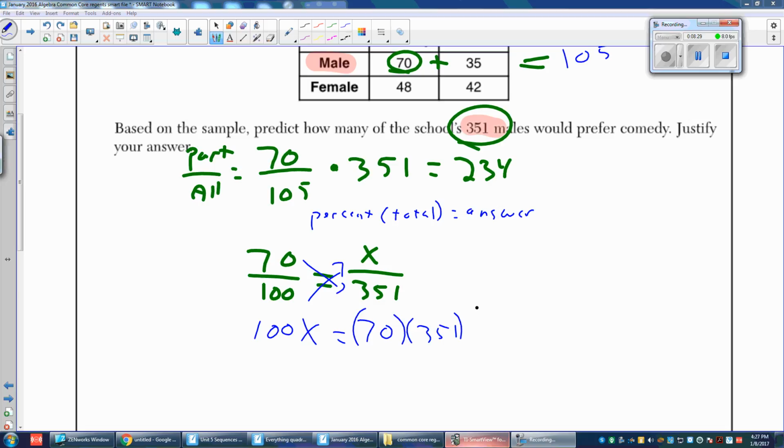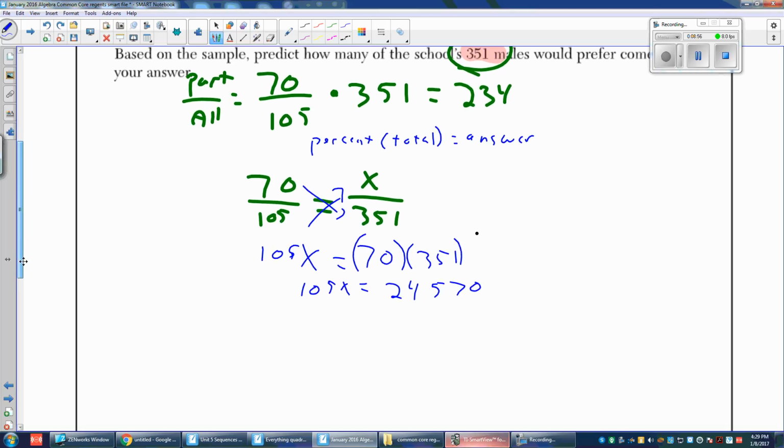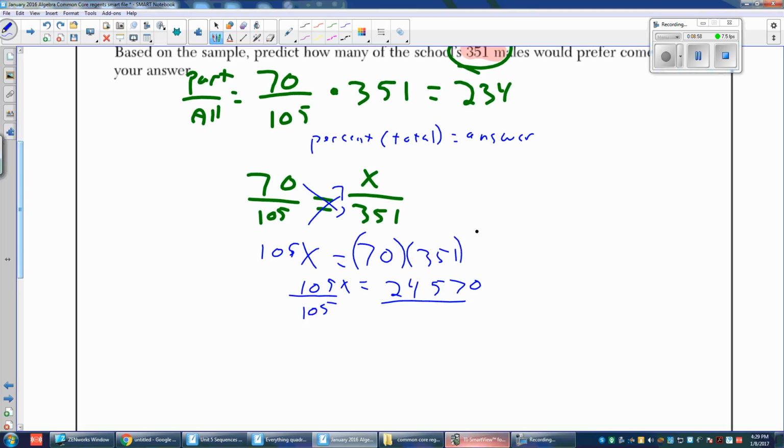So we get 24,570 equals 105x. I just saw that I made a slight mistake. This is supposed to be 105. The part was 105. So let's just change those. Just shows you that everyone has to constantly review their work. And then when we divide both sides by 105, we get x equals 234 people. So there are two ways to do that.